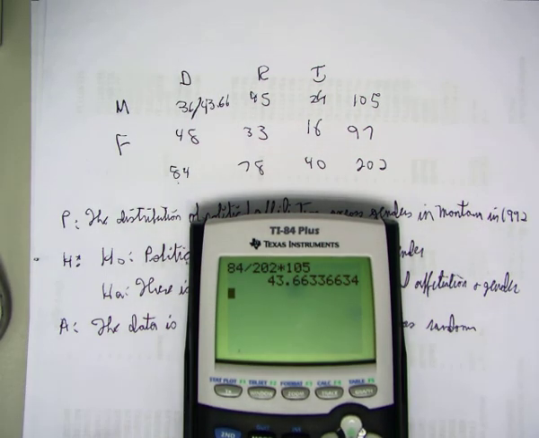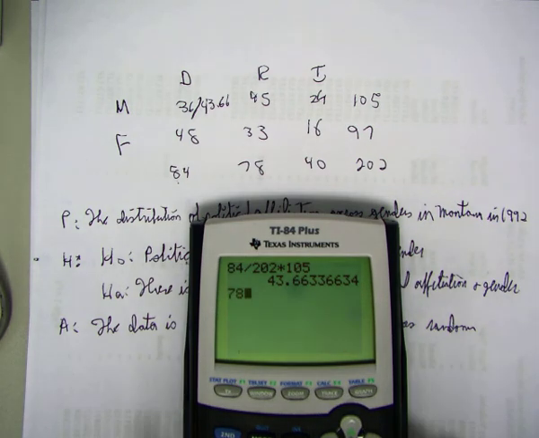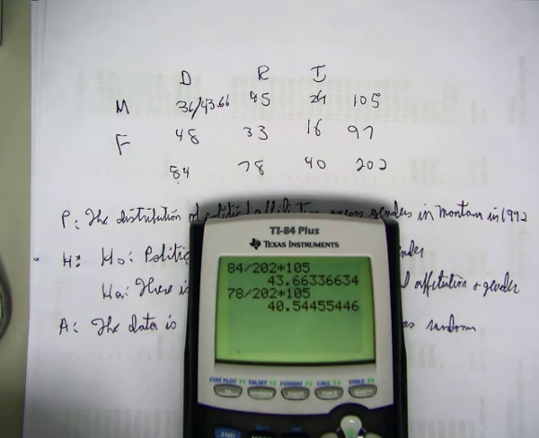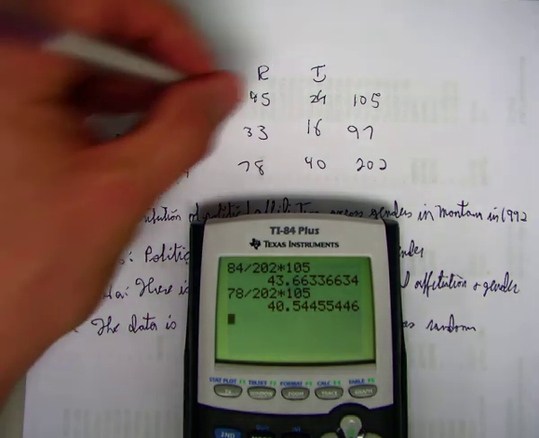And then to do the male Republicans, we would do 78 out of 202 times the 105 males, and we get 40.55.